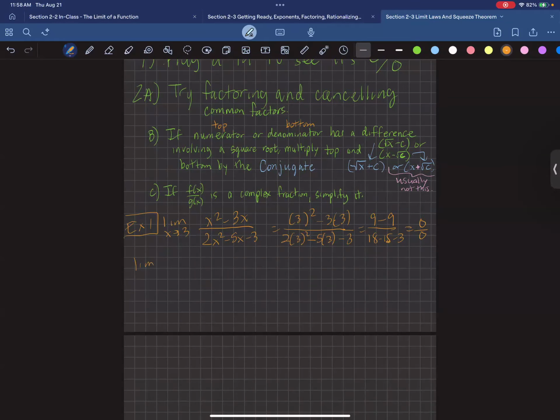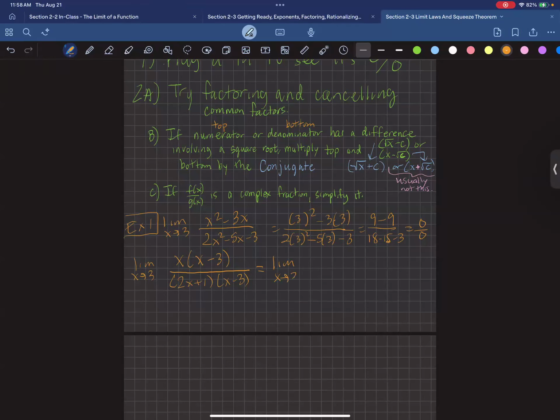So what we're going to do is factor top and bottom and see if anything cancels. The top factors into x times x minus 3. The bottom, if you go through factoring it, you're going to get 2x plus 1 times x minus 3. Now the x minus 3's can cancel.